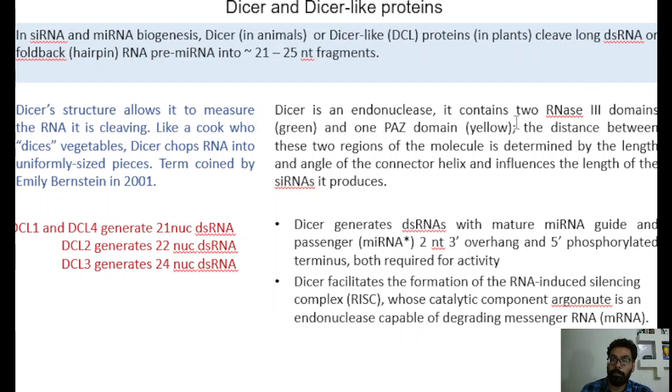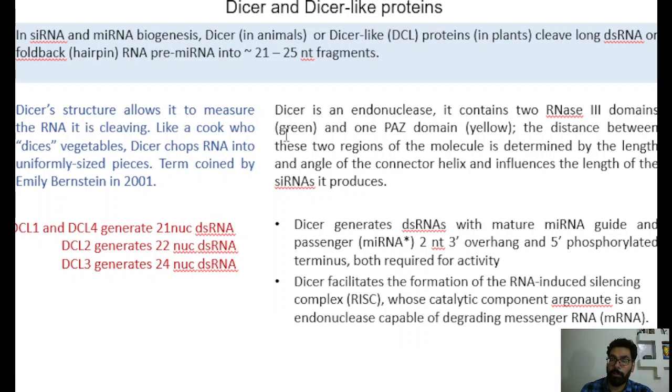Dicers normally have two domains, and one domain is the RNase III domain, which has RNase activity, and the other one is the PAZ domain, which decides the binding of the protein with the double-stranded RNA molecules for the production of siRNAs.